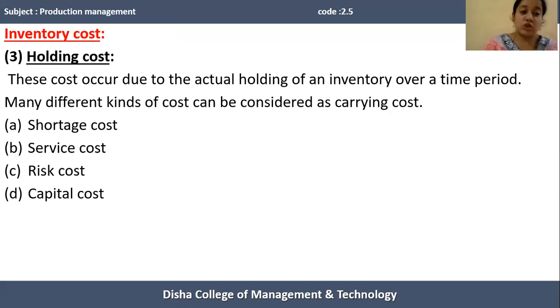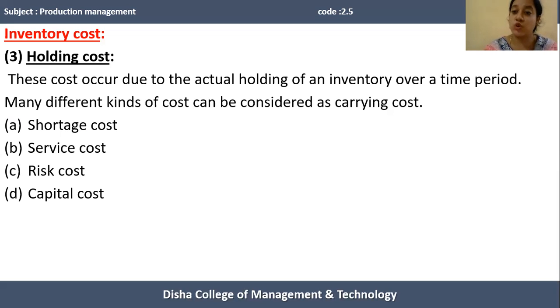Next one is the risk cost. Risk cost is generally the financial cost that is associated with the inventory. Means when an organization, when a firm stores certain items in warehouses, there are many chances of losing the value of the items. There may be chances of fire, and the items may be damaged due to certain unavoidable conditions, certain problems.